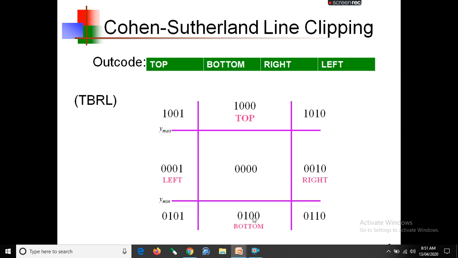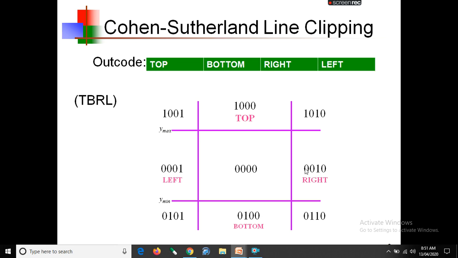If 0100 is there, it means that the given point lies within this area, and this area code is 0100, and the range of this code is x minimum to x maximum. I am reading here x minimum to x maximum. This is bottom.